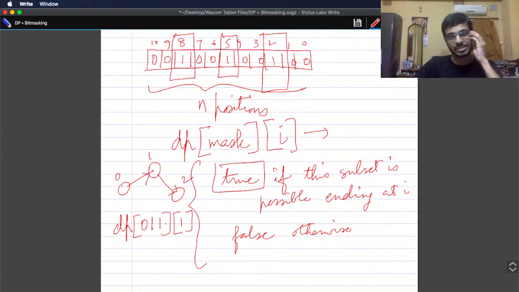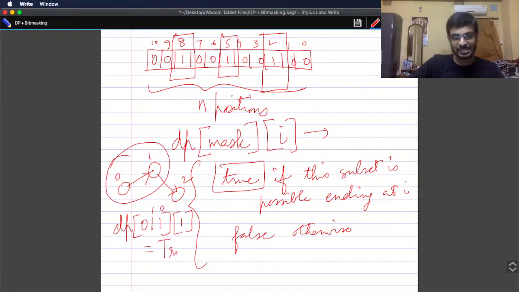What does this indicate? That does a path exist which will have the vertices at positions 0 and 1, that is these two vertices, such that it ends at 1? We know it is true, right? This is the path. So yes, it exists. I can say that yes, it exists, it is true.